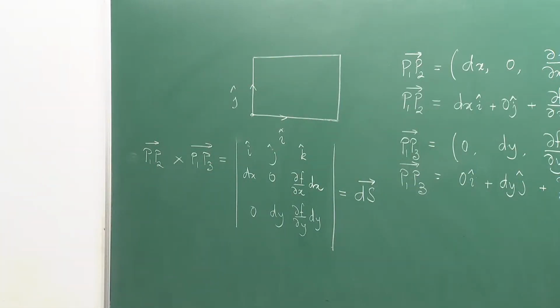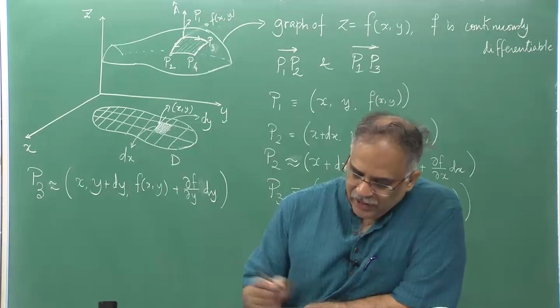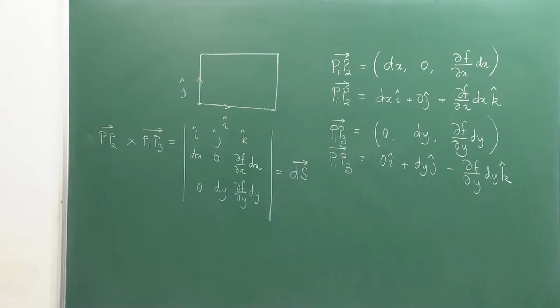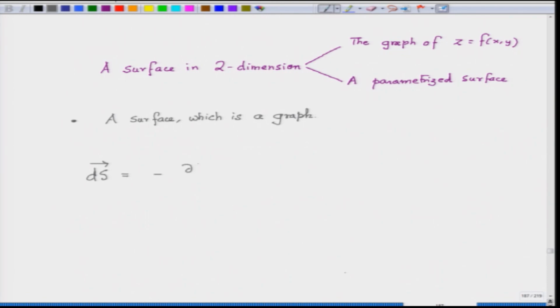So, what we have got now is that the infinitesimal area vector, which is computed through this cross product which you see on the board, will give you a final answer of this form: minus del f del x dx dy i vector, minus del f del y dx dy j vector, plus dx dy k vector.